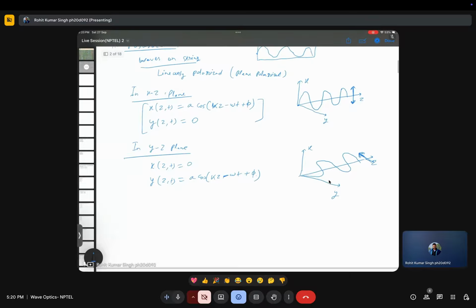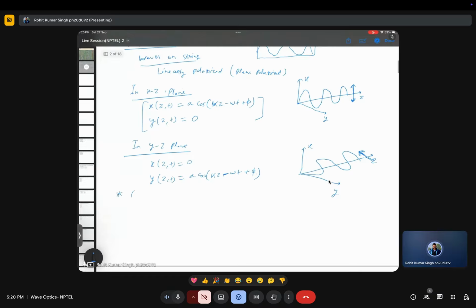Now you can have some interesting polarization like circular polarization. You can try this at home: just take a string and try to polarize it. For circular polarization, you rotate your hand in a circular motion holding a string, so it will produce a wave like this, right?